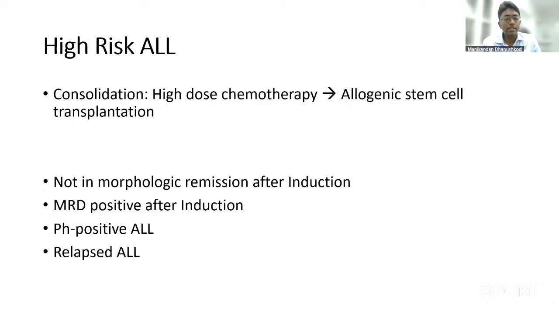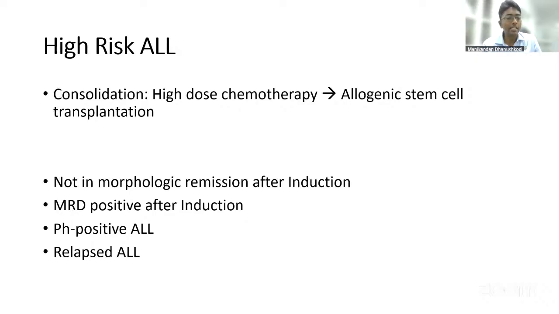Also, we know that there are certain groups of high-risk ALL. This patient had a high-risk ALL, that is ETP ALL, and his age was more than 9 years. Consolidation high-dose chemotherapy followed by allogeneic stem cell transplantation is needed to prevent an imminent relapse. Other pointers for high-dose chemotherapy are somebody who is not in morphological remission, that is, blasts not less than 5% after induction, and also MRD, minimal residual disease, positivity after induction.